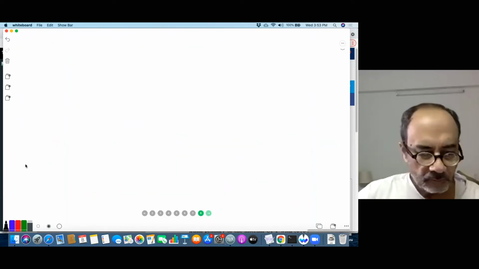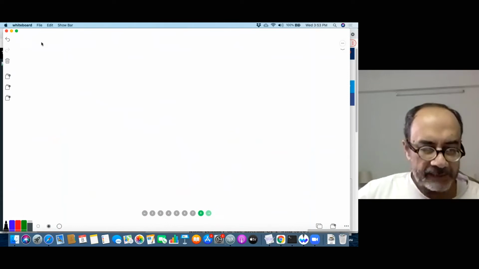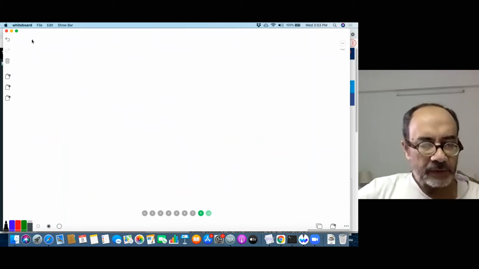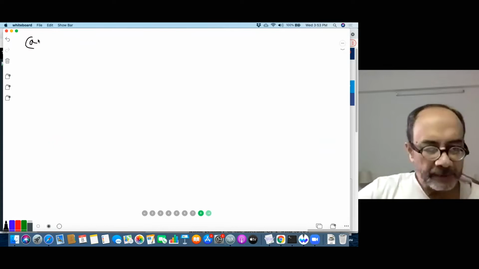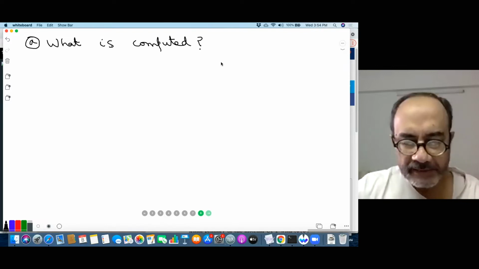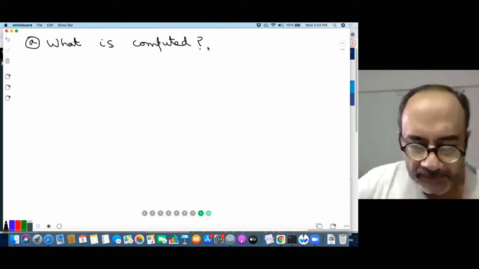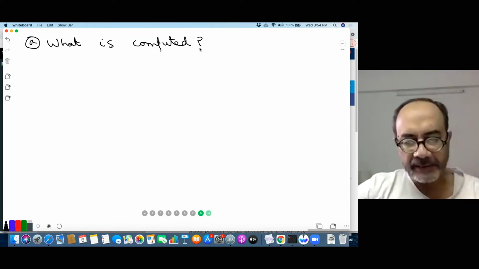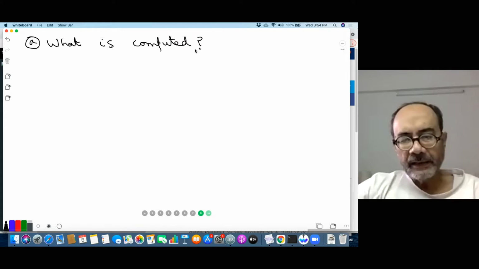So there are 2 sides to this dictionary. So let me explain what these 2 sides are. So the first one is what is computed. Normally we think of the CFT as giving the string S matrix, but as I'll discuss in detail, what it gives directly is not the string S matrix.